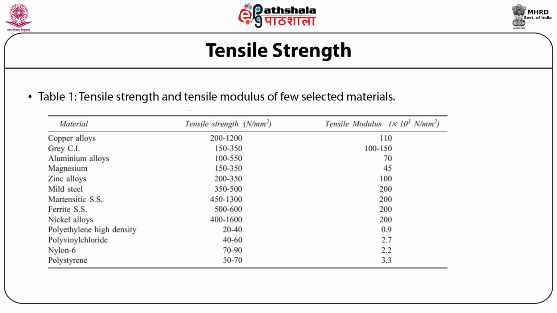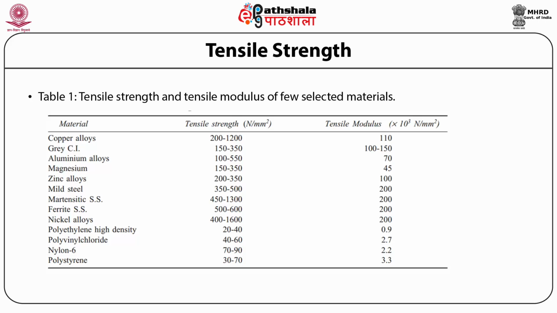As we can see from the table, the maximum tensile strength is for the nickel alloys, where the range of the tensile strength varies from 400 to 1600, while the lowest tensile strength is of the polyethylene high density, where the range varies from 20 to 40.